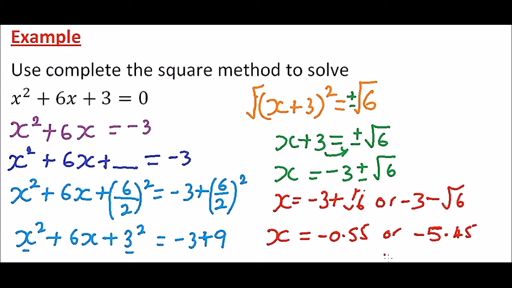That is to 2 decimal places. So the solution to this quadratic equation, x is minus 0.55 or minus 5.45. So that's how you solve this quadratic equation using complete the square method.